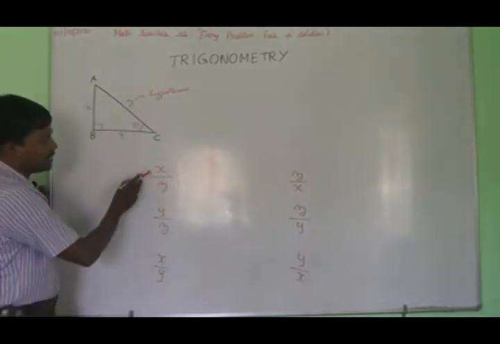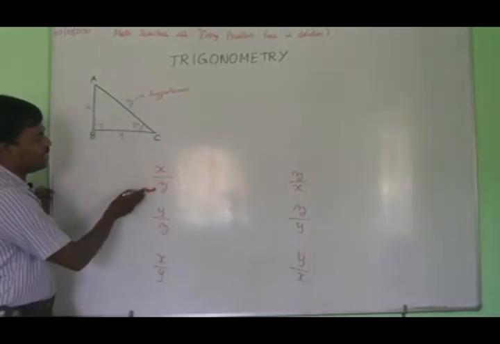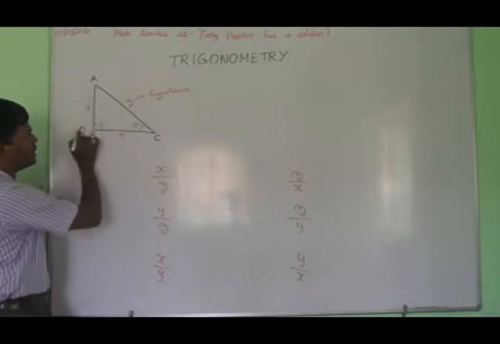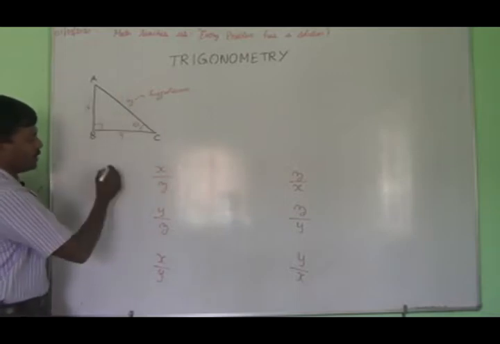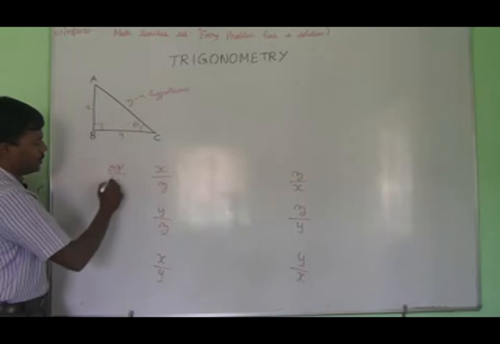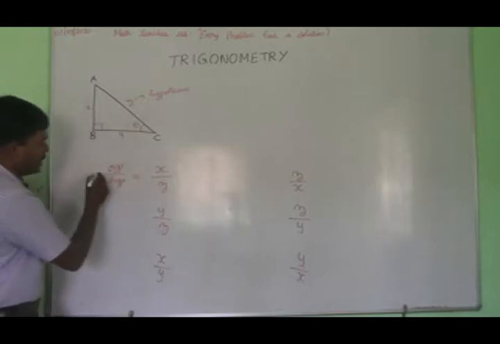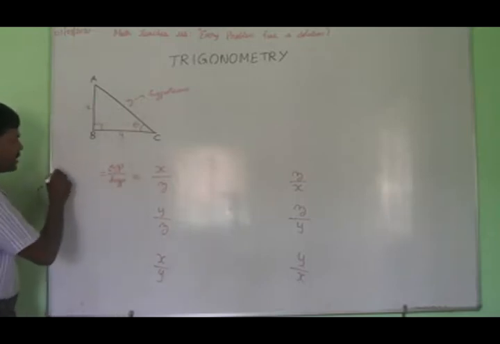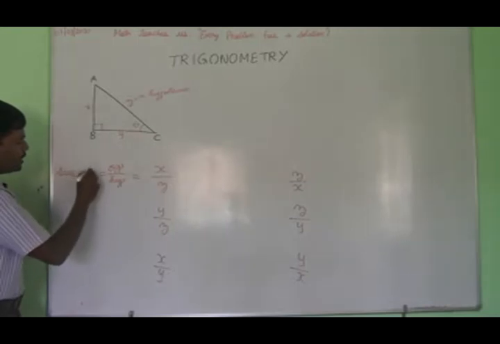The first ratio, x by z, is nothing but the opposite side by hypotenuse. It has a special name, that is sine of the angle theta.